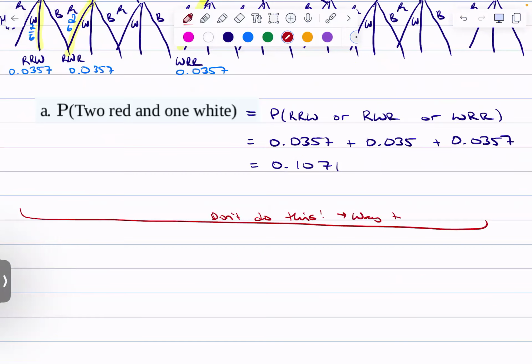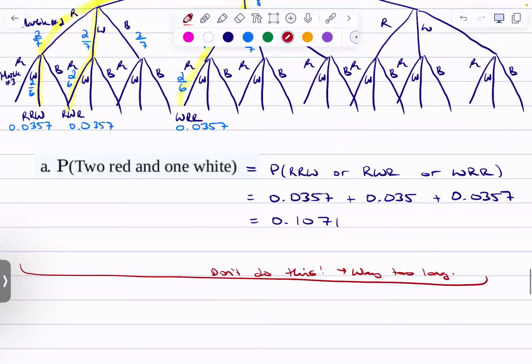Why is the second one not 0.0357? It is. Because I just stopped.